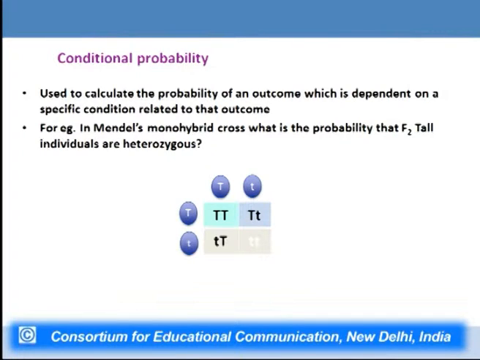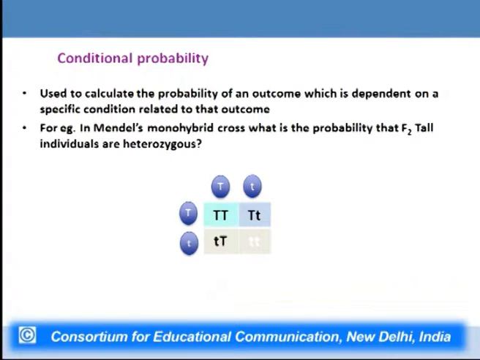Another way to calculate probability of events is by using conditional probability. Conditional probability is used to calculate the probability of an outcome which is dependent on a specific condition related to that particular outcome. For example, in Mendel's monohybrid cross, after the cross of heterozygous individuals, what is the probability that F2 tall individuals are heterozygous and not homozygous?